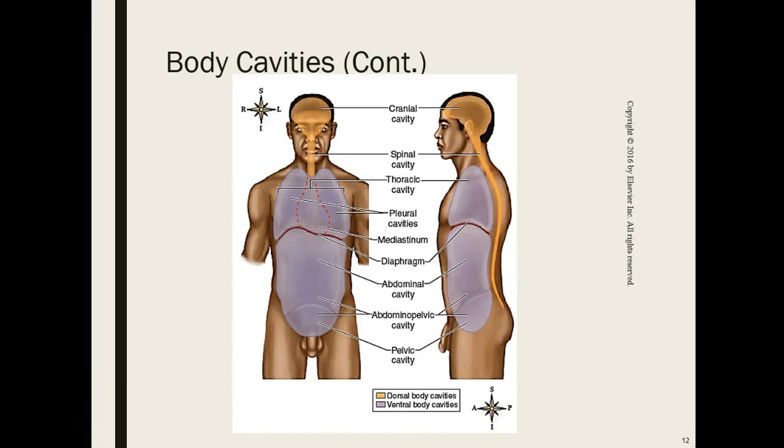So here is a picture showing those different cavities. As you can see here, we've got the diaphragm separating those two, the abdominal pelvic here, and then the thoracic cavity here.